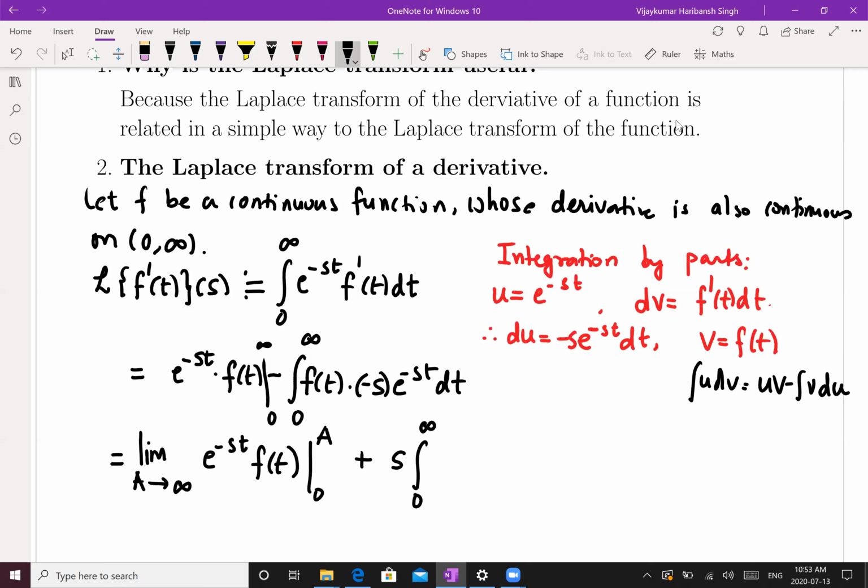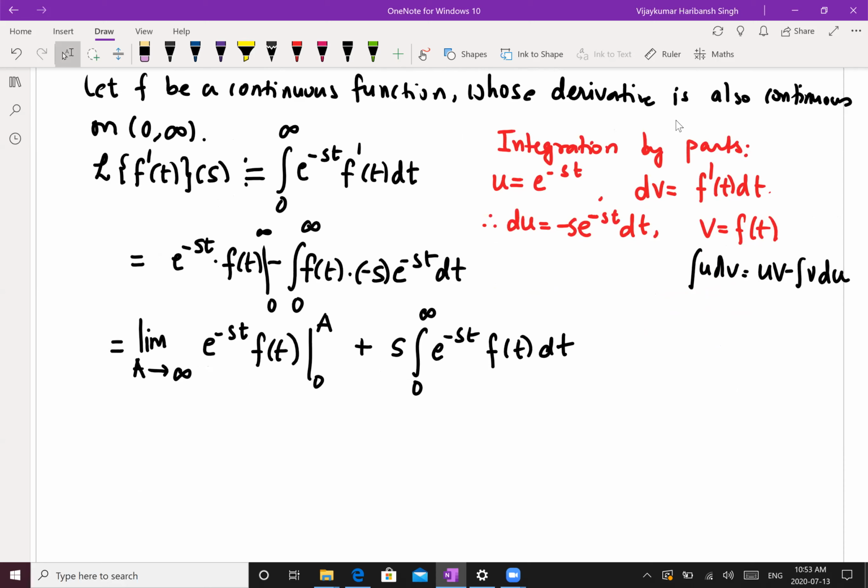So s is a constant with respect to t, so it can come out. We have e to the power minus st f of t dt. I'm just rearranging it so that you can read what it is, right? This part here is essentially s times the Laplace transform of f of t.